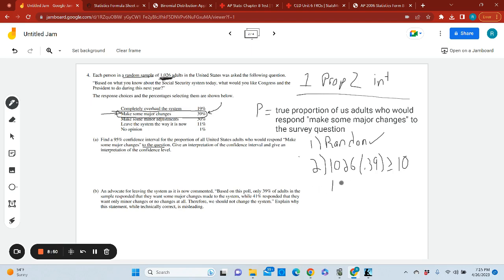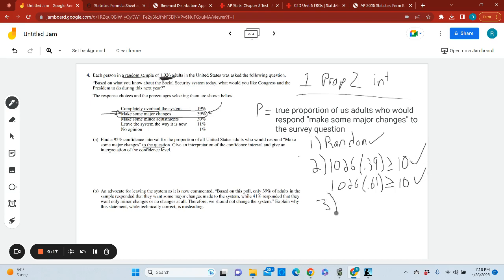And same thing, 1,026 adults times 1 minus p, which if p is 39%, then 1 minus p has to be 61% or 0.61. And again, the sample size is so big that we know that these are going to be way bigger than 10. So check and check.